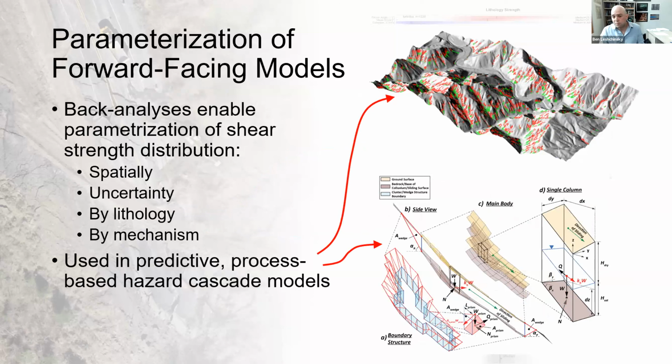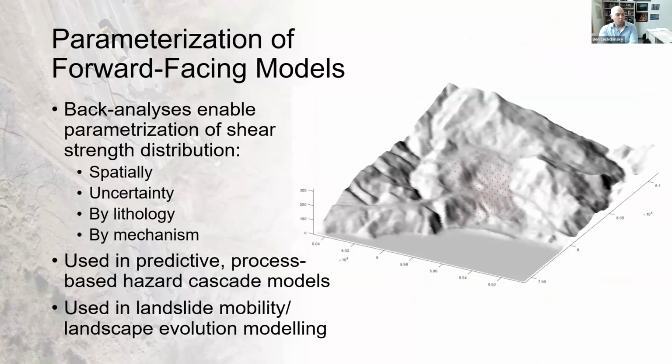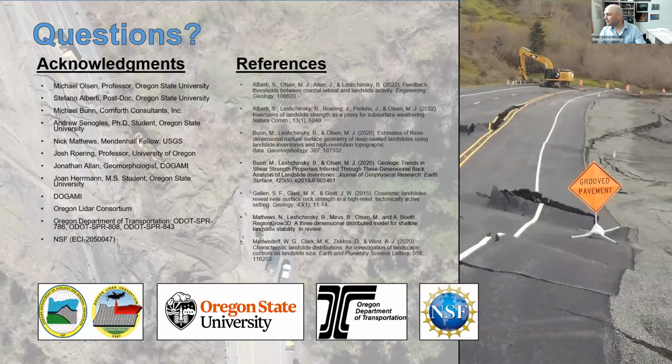In the end, though, these process-based models need strength as an input. And of course, it can be used in landslide mobility or landscape evolution modeling. The volumes, the geometries we get here, the strength values, these are inputs needed to parameterize basically models looking forward in time. With that said, I'm all done. Thanks for having me.